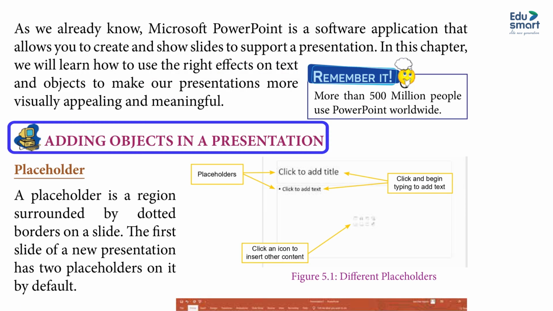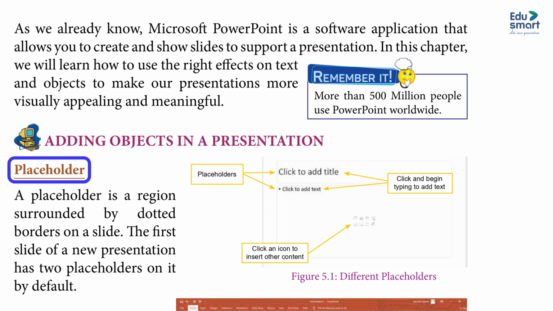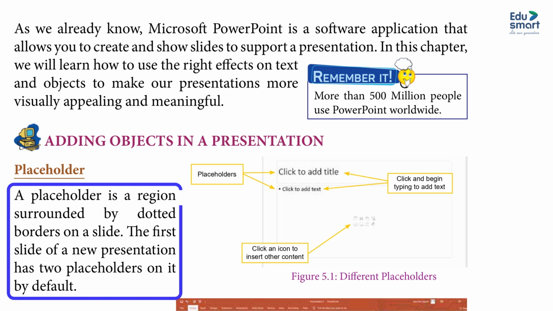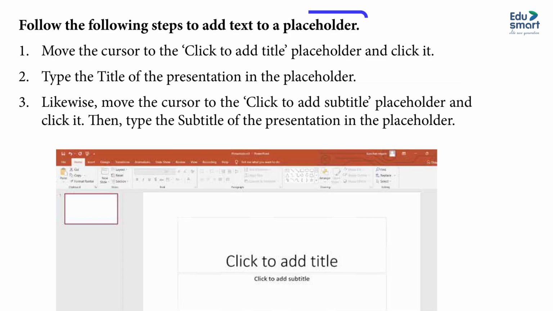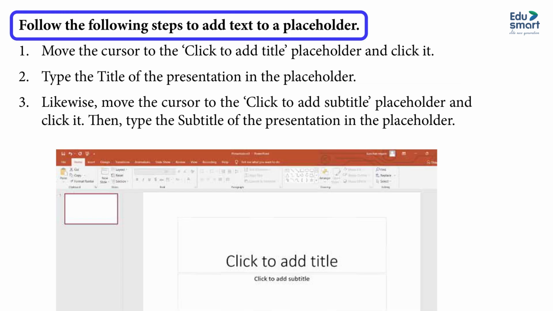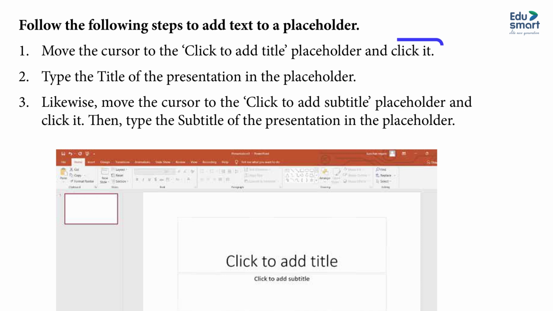Adding objects in a presentation. Placeholder. A placeholder is a region surrounded by dotted borders on a slide. The first slide of a new presentation has two placeholders on it by default. Different types of content, text and images can be added in a placeholder. Follow the following steps to add text to a placeholder. 1.